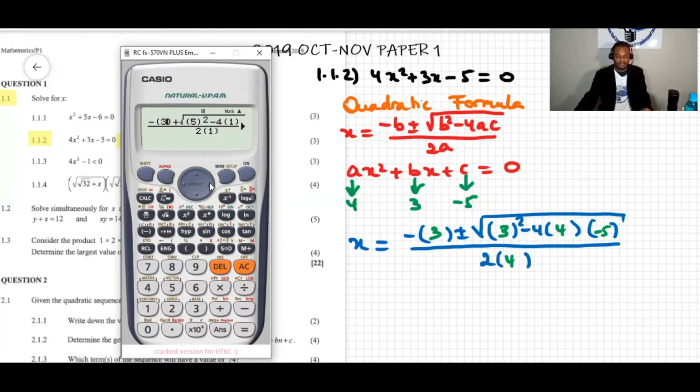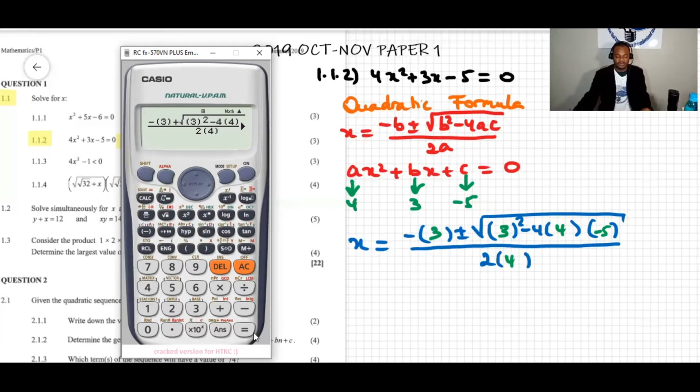Over here, I write minus b plus square root of b squared, so 3 squared minus 4a, a is 4, and then c has the value of -5, over 2a, where a has the value of 4.